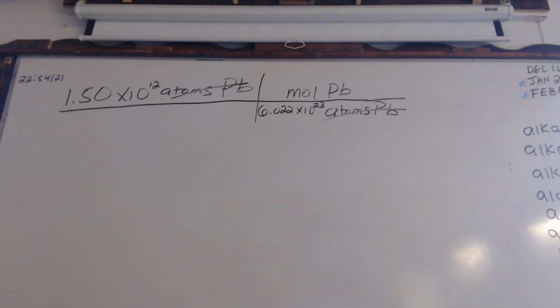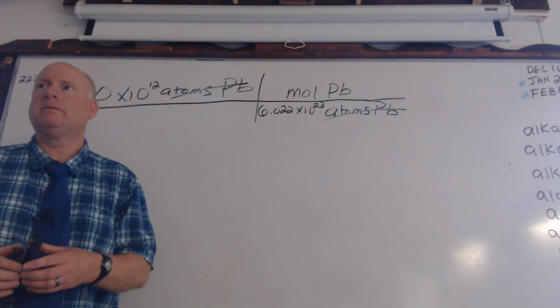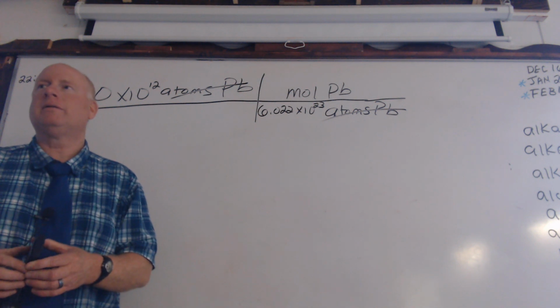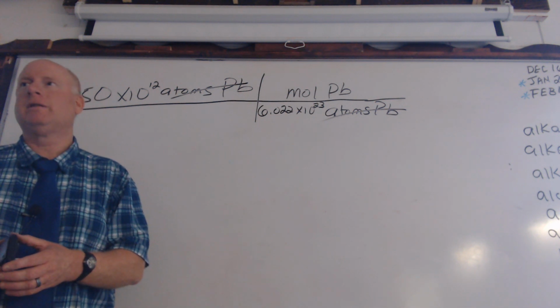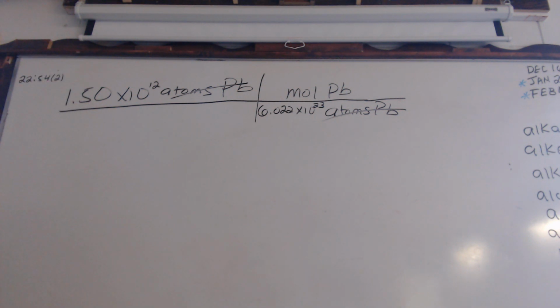Right now we have 2 that are over top of each other and 2 that are next to each other. If it's on the bottom, you divide. If it's on top, you multiply. Okay? Are we good over here?